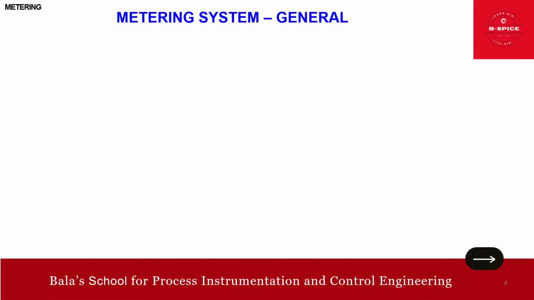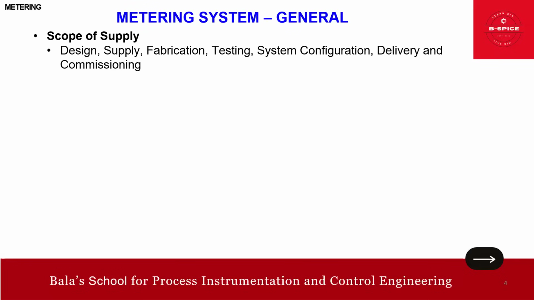Now we go into the scope of supply. We need to tell the vendor: design, supply, fabrication, testing, system configuration, delivery, and commissioning. And of course, this is meant for EPC.